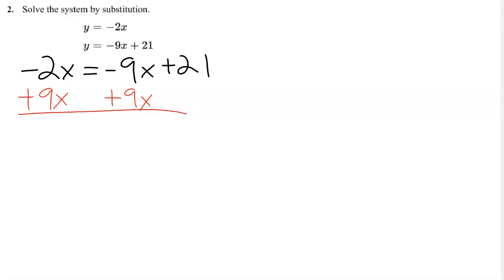Alright, so the 9x is going to cancel out. That's going to leave you with 7x. Different signs, find the difference. 9 minus 2 is 7. 9 bigger absolute value. Keep it 7x. And then I bring down 21.